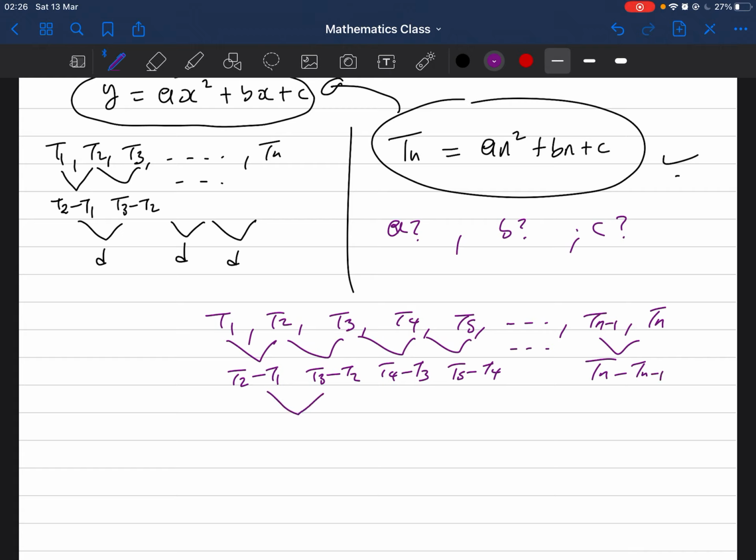Then you find the second difference, which has to be the same, let's call it D.